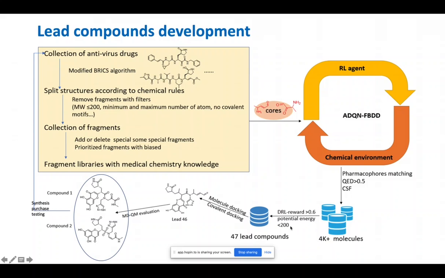Then we keep searching to find good molecules. Of course, other than the reward function I just talked about for hydrogen bonds and hydrophobic patches, we also consider general chemical properties like QED or SAS to make sure those molecules make sense, they are relatively easy to synthesize.